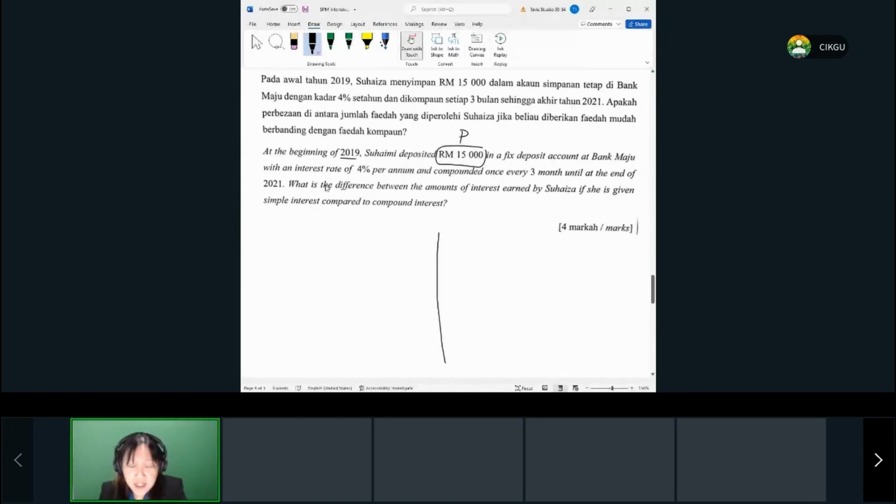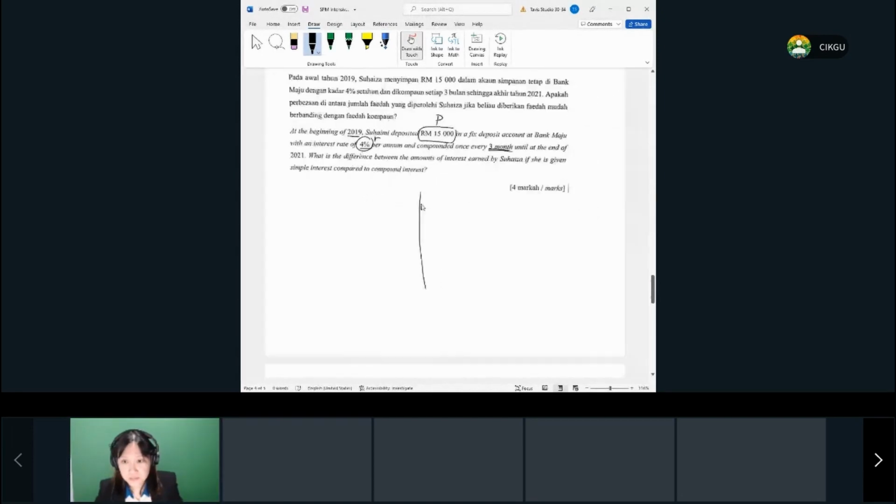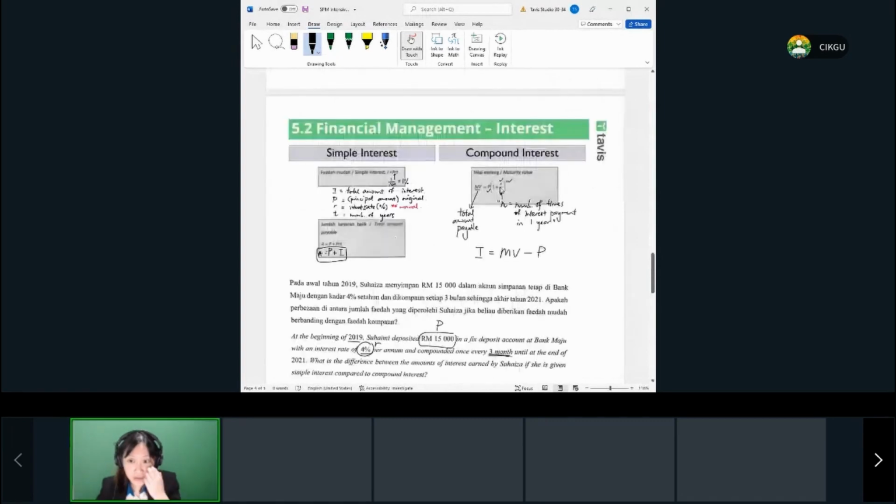Okay, with the interest rate. You see, per annum means annually, so this one straight away is the annual interest rate. This is R. Interest rate compounded once every 3 months. So guys, remember I said the value of N, what does it mean?